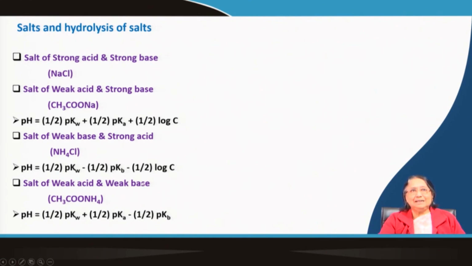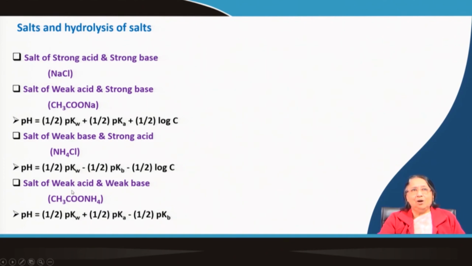And for the salt of a weak acid and weak base, one example is ammonium acetate, pH is half pKw plus half pKa minus half pKb. Here both are weak acid and weak base, so both the terms pKa and pKb are coming here.